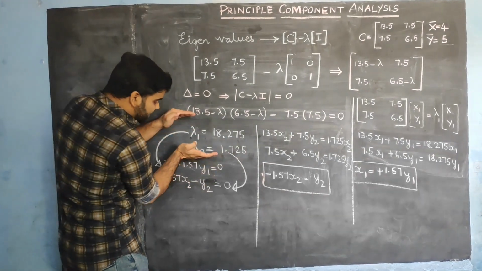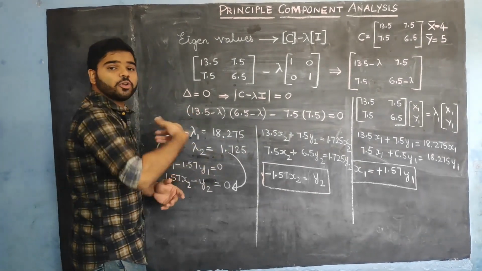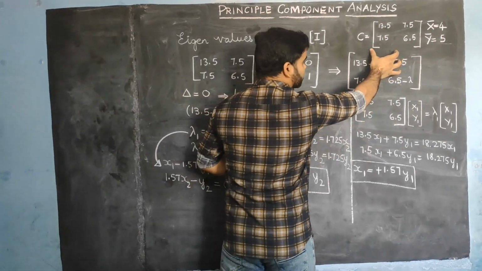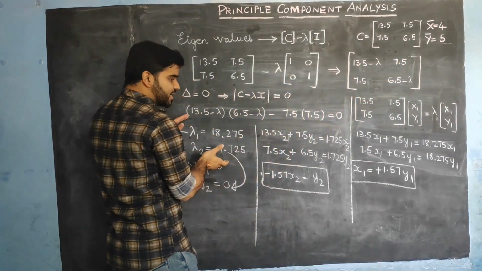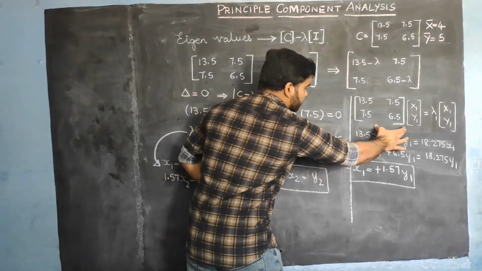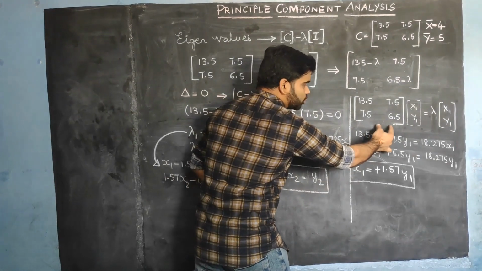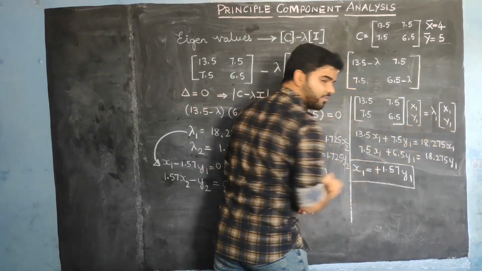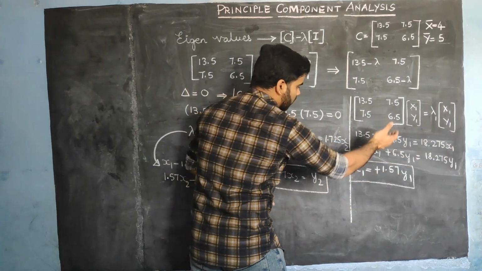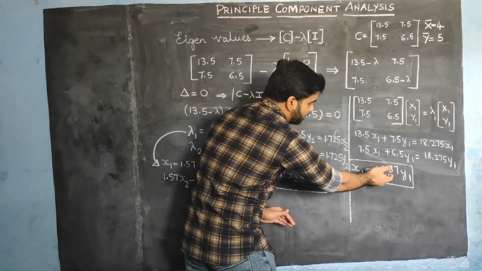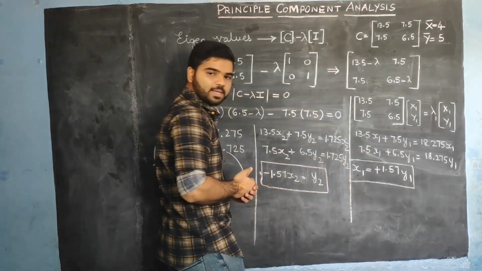By using these eigenvalues, we are going to find the eigenvectors. With the help of this covariance matrix and these eigenvalues, we find the eigenvectors using this formula, where C into x1 y1 is equal to lambda 1 into x1 y1. After solving this, we get x1 is equal to 1.57 times y1.